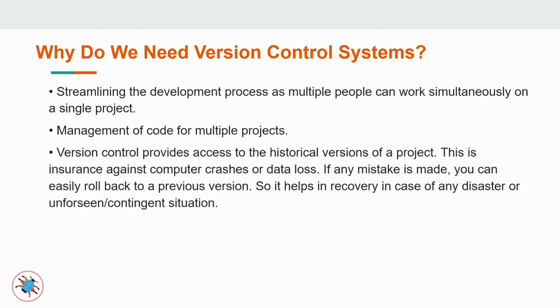And then point 3 here, it says version control provides access to the historical versions of a project, and this is so powerful. Now as a developer, you might be working on a project, and it's running perfectly fine, and you might want to add a new feature into that project you are working on. In the process of doing that, bugs can come about.